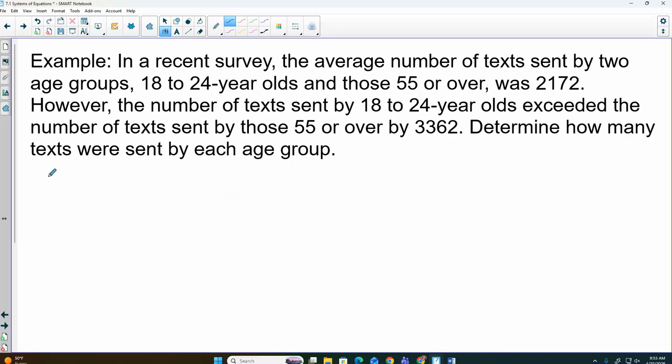So what are my variables? How would I define them? What would x be? And then y would be the texts sent by 55 and over.